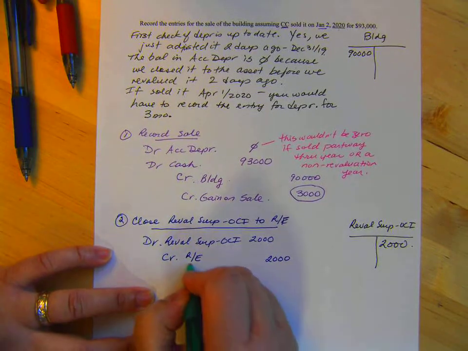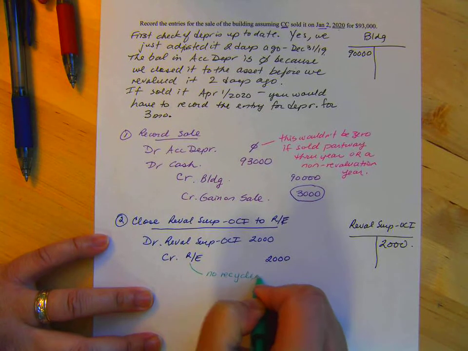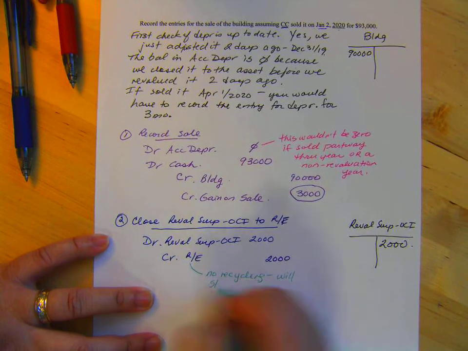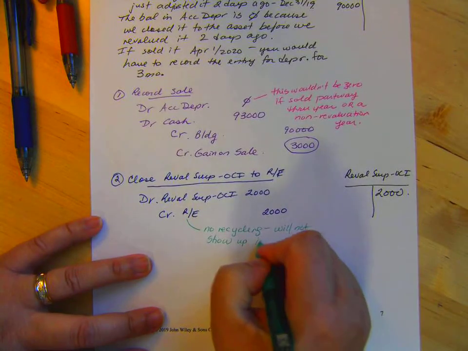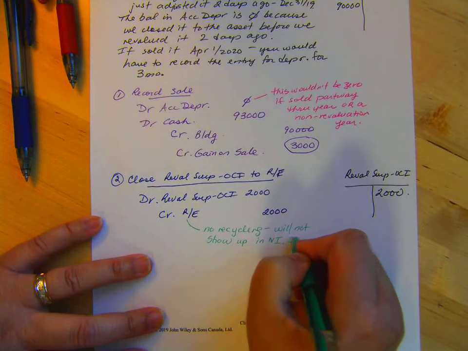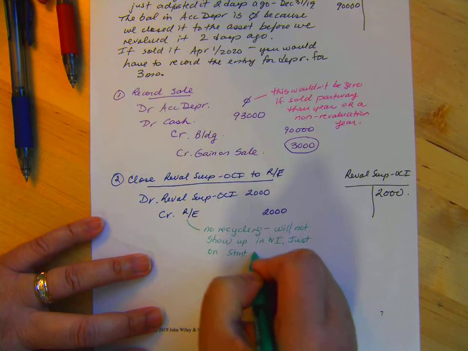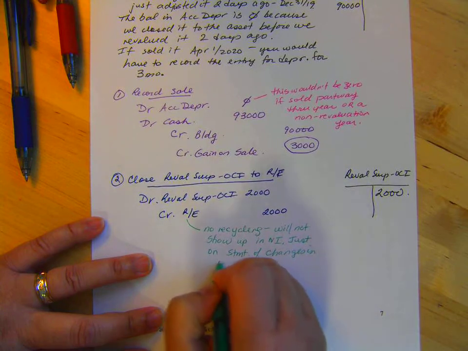So, just so you know, there is no recycling. It will not show up in net income. It shows up on the statement of changes in equity.